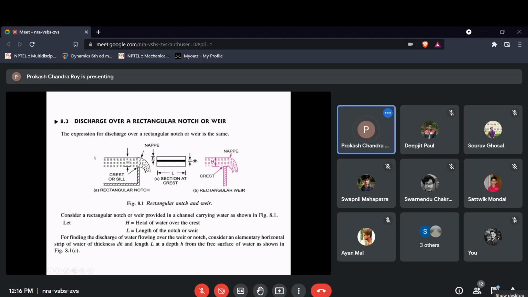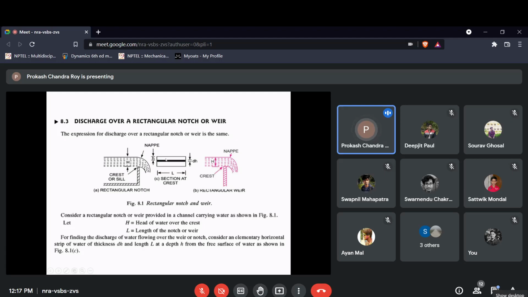But our intention is to measure the average velocity. So how do we do that? When there is a change in a certain parameter with, say, height or radius, we do the integration. And to consider integration, we need to consider some elemental thickness. So here we will consider an elemental thickness of, say, dH.